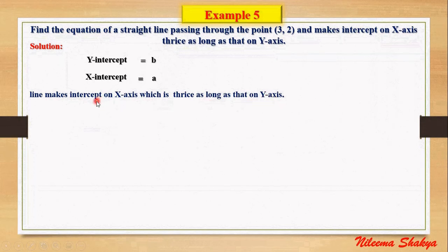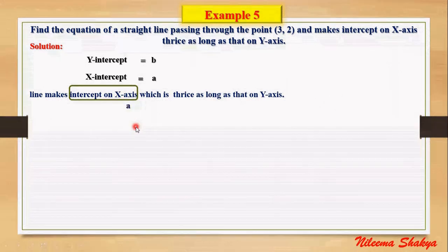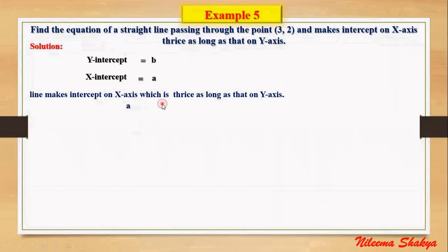Now we are going to express this statement in equation form. The term intercept on the x-axis, that is the x-intercept, we denote by a here. Then "is" means equal to, and thrice means 3 times, so we write 3 here.